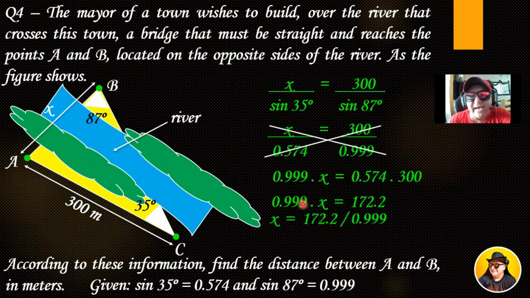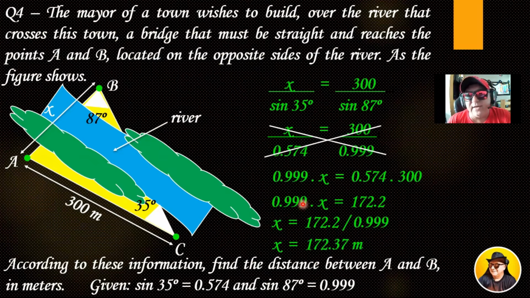And now we have that x is 172.2 divided by 0.999. That is 172.37 meters. So the bridge from point A to point B is going to be 172.37 meters long. All right.